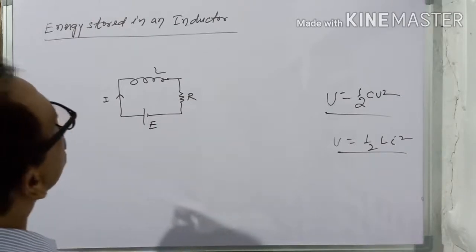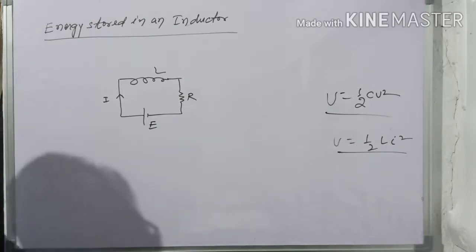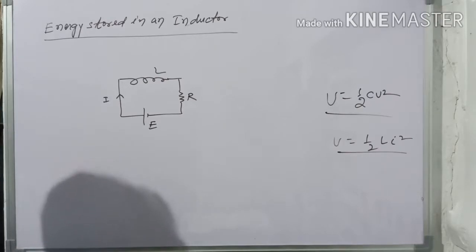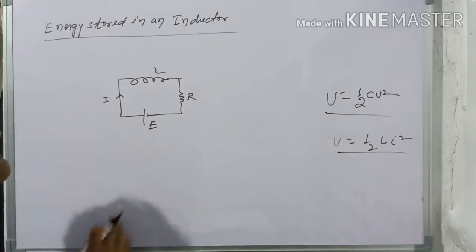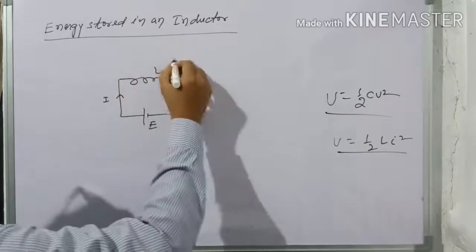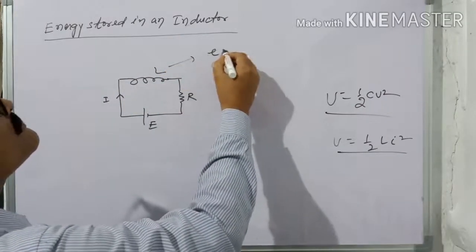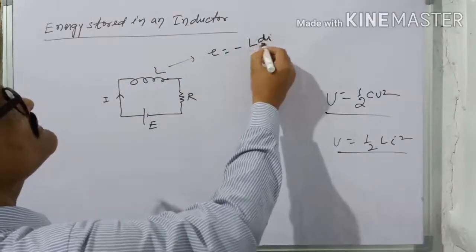Now, for that instant when there is electric current of value I, the EMF induced is equal to L di by dt.